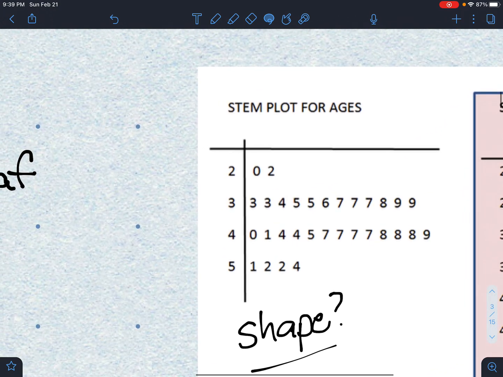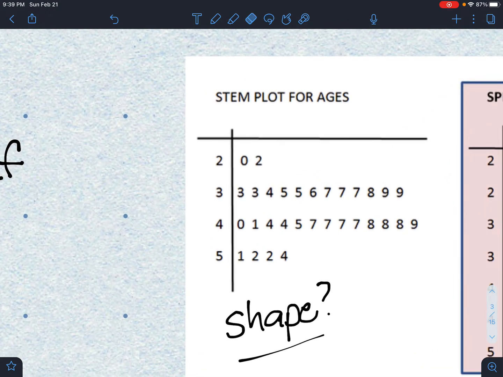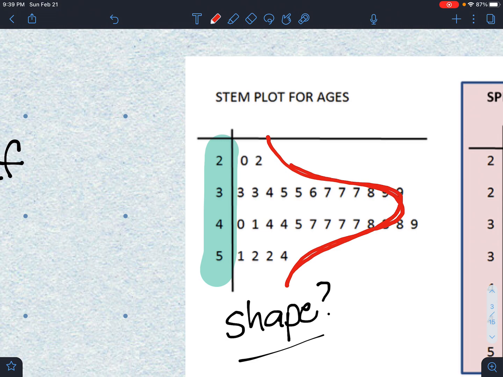Let me look at a stem and leaf plot that has too few stems in it. It's only got four stems, from 2 to 5. And that's no good. One of the reasons it's no good is there's not much to the shape of this data. It looks fairly normally distributed.